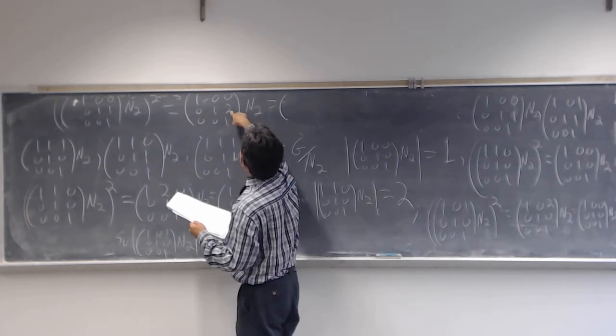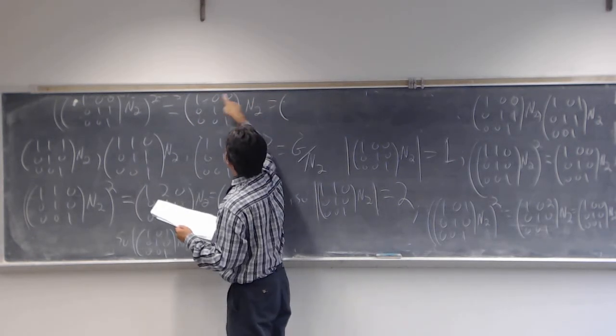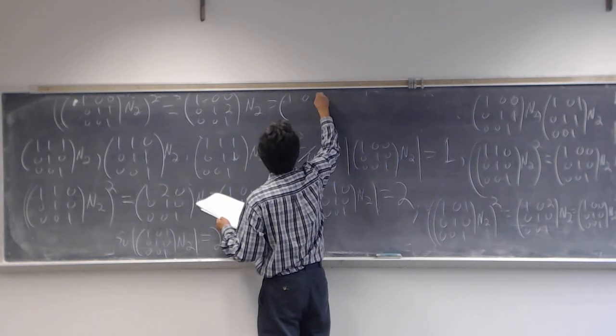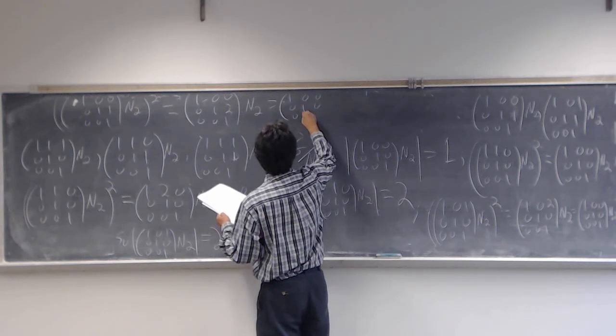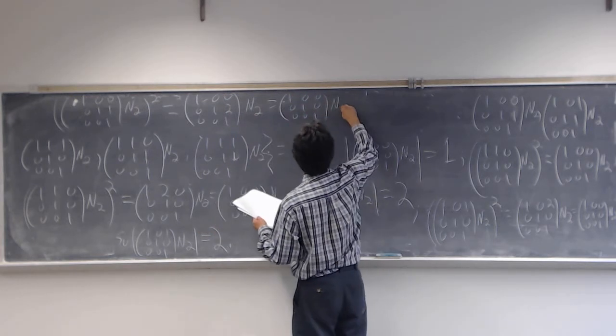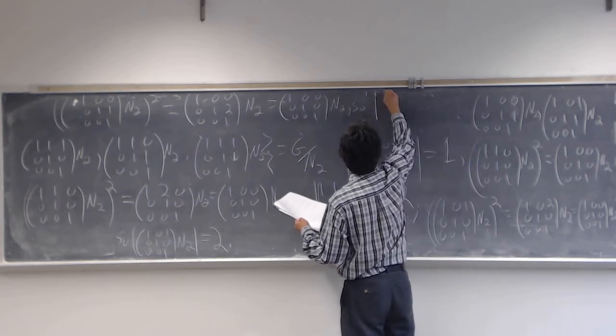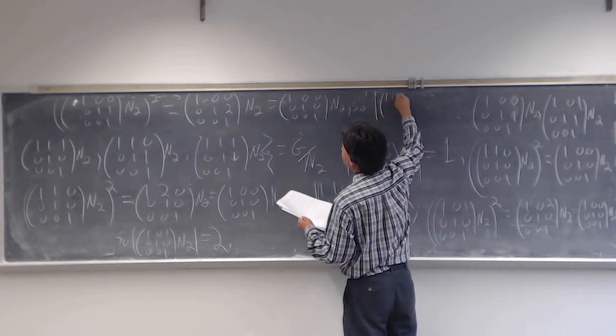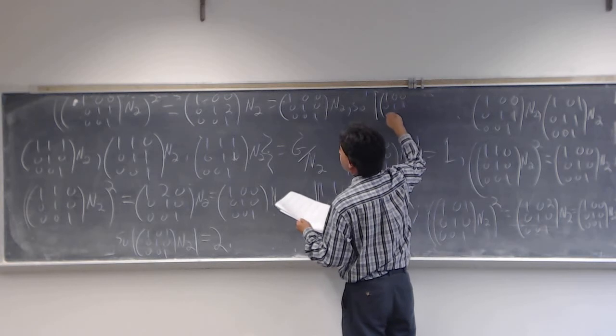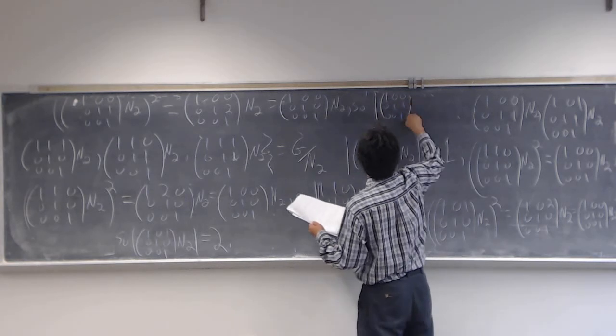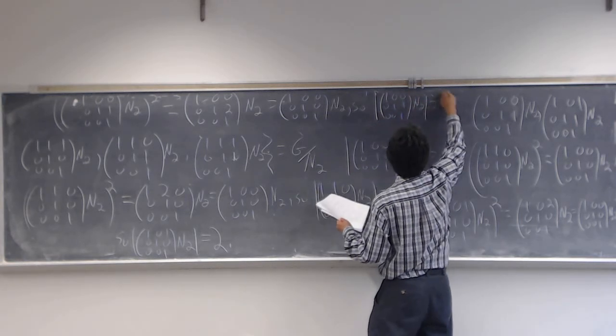And again, since 2 is divisible by 2, and 0 and 0 are divisible by 2, this gives us the identity coset, so the order of this coset is also 2.